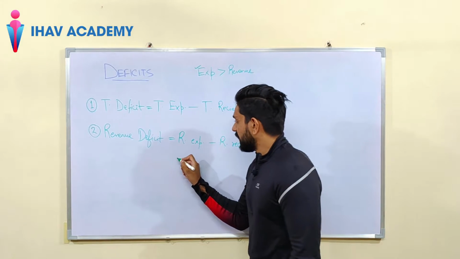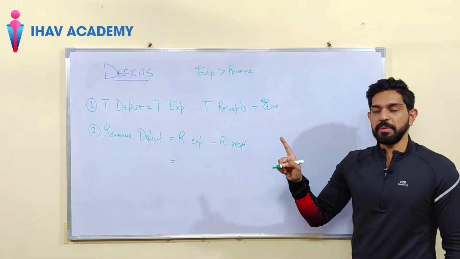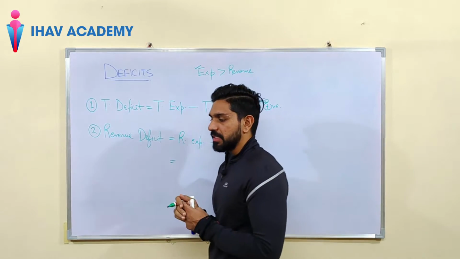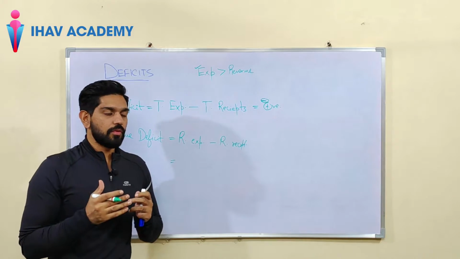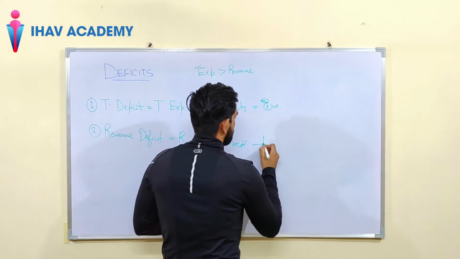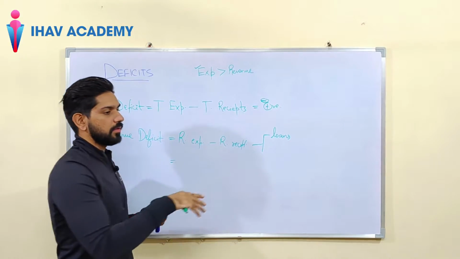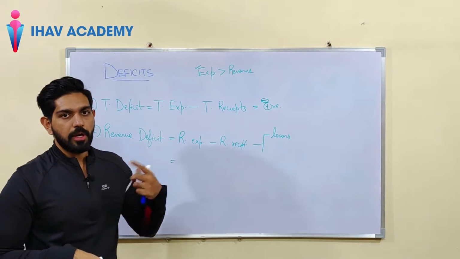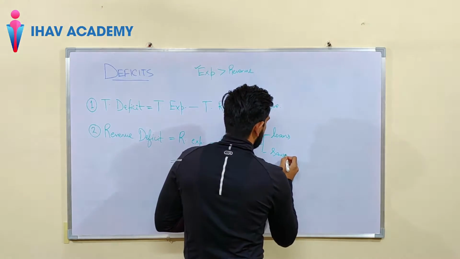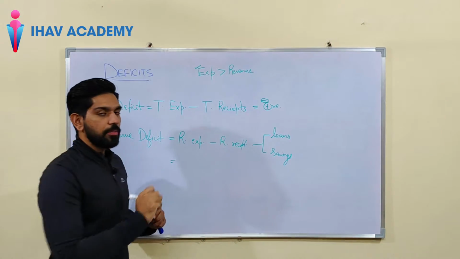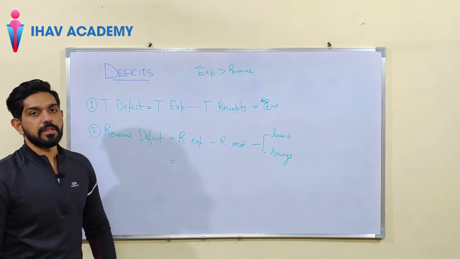So now if we have a deficit in the revenue part, it means if we have a revenue deficit, the government will be taking loans, doesn't matter in India or abroad, or the government of India is using up its savings to fulfill this deficit.